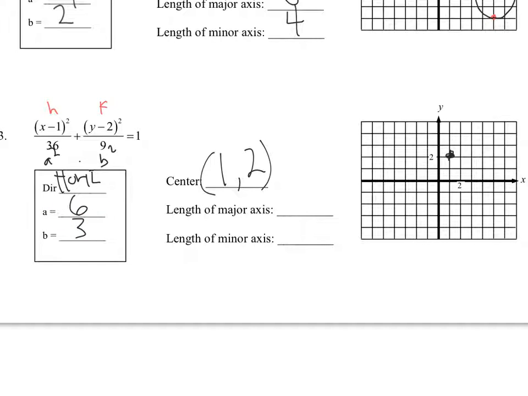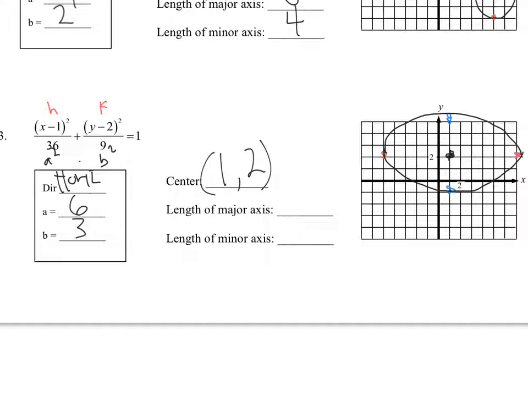So I'm going 1, 2, 3, 4, 5, 6 in each direction. And then I'm going to go 3 in my vertical. Now we can clearly see that this is a horizontal ellipse. Not the best drawing this time, but there you go.